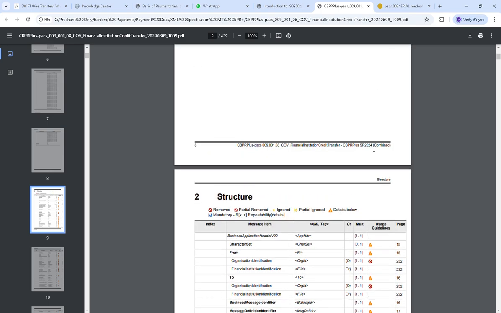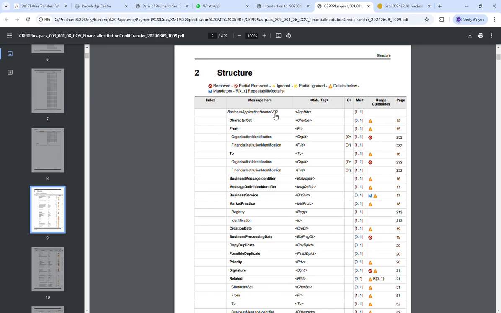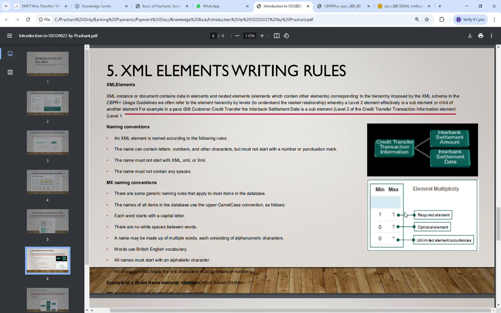Okay, now sometime before I ask you to look at here. This field, business application header, app header, is 11, which means it is a mandatory field. 11 is required element, means required and anyhow required.